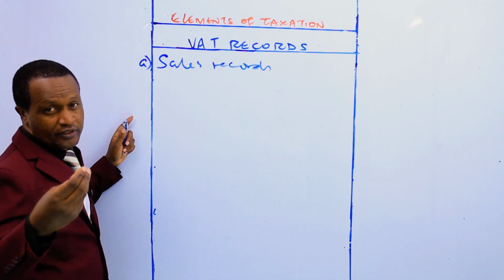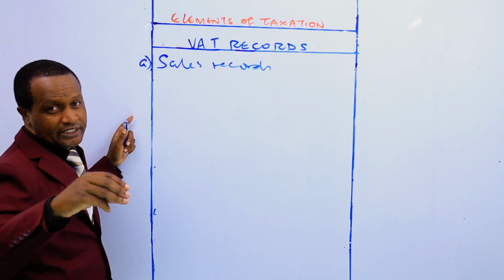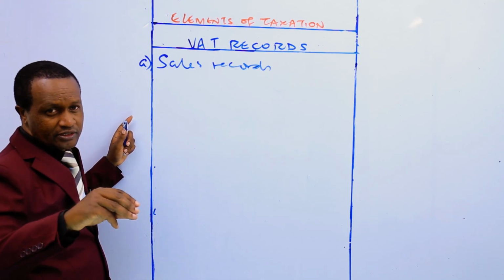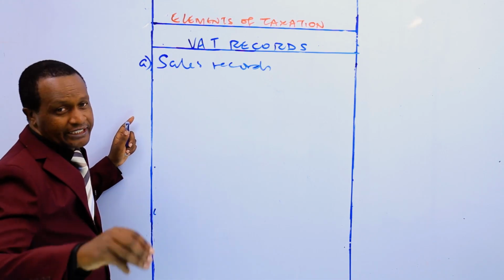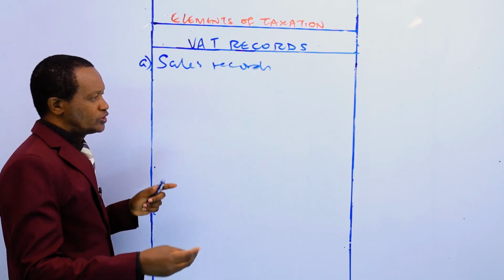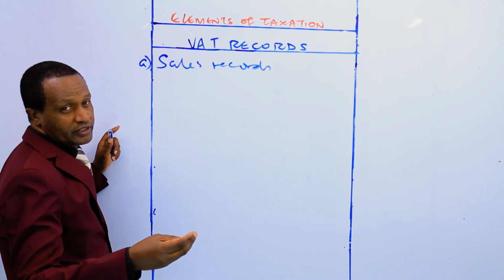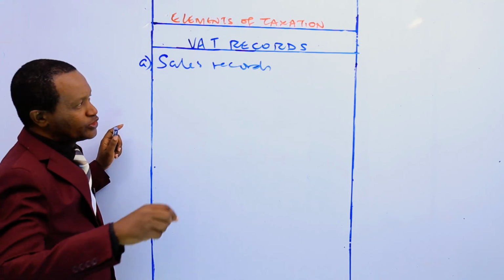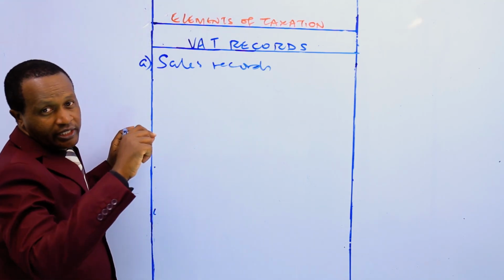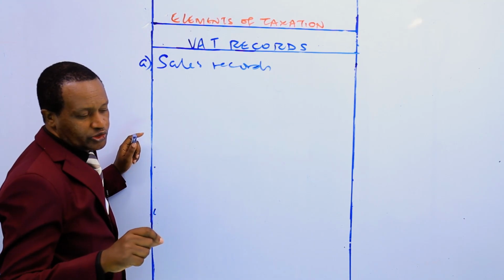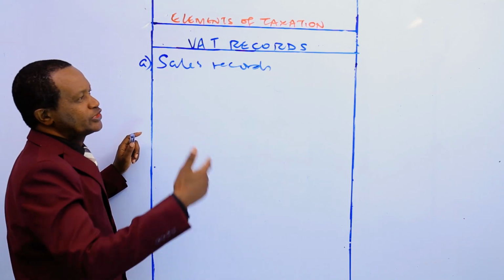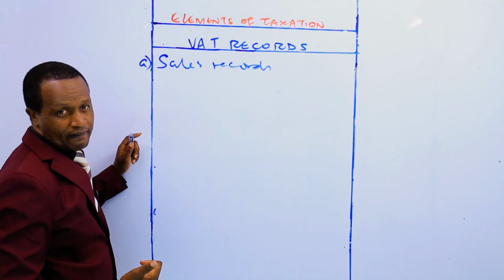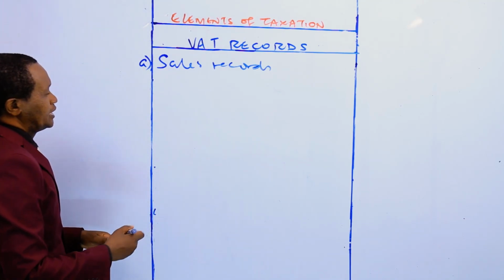Then we also have daily sales book or summaries of sales journals. Then, of course, number 4, we have the records of supplies to privileged persons and institutions, showing why the sales to them are 0 rated. That is one category of record.